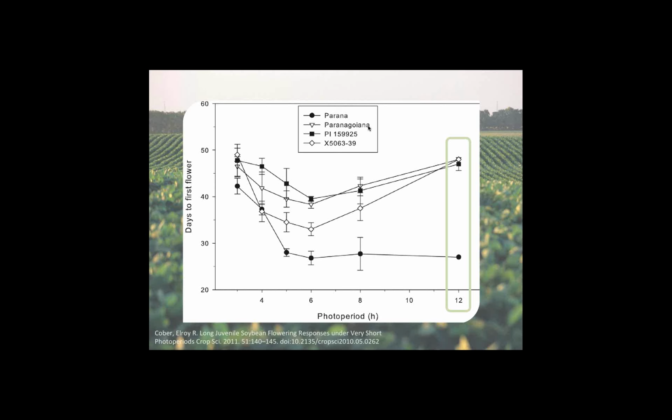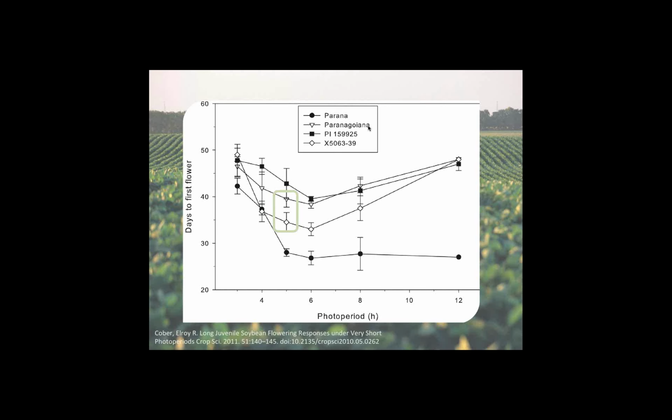we're discussing, I do want to bring some attention to the differences in phenotypes in earlier photoperiods, which you could say is a moot point because when are you ever going to have a 5-hour photoperiod? However, I think that it deserves some discussion. If you compare the X line to Pranagoyana, which here will have different genetic backgrounds but the same long juvenile allele, we can see that there is some slight variation.